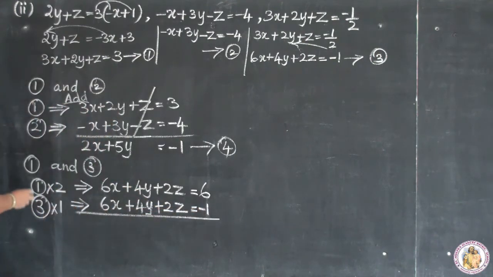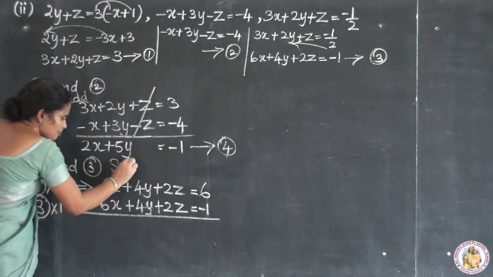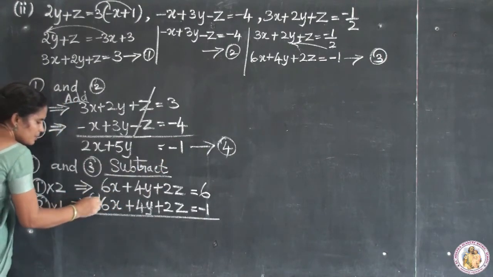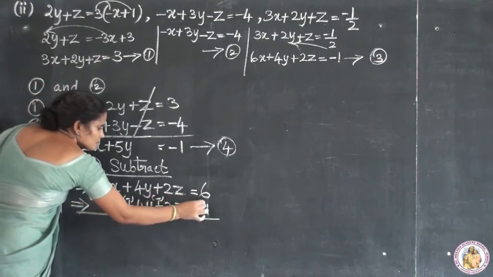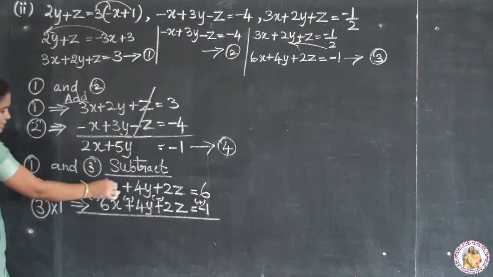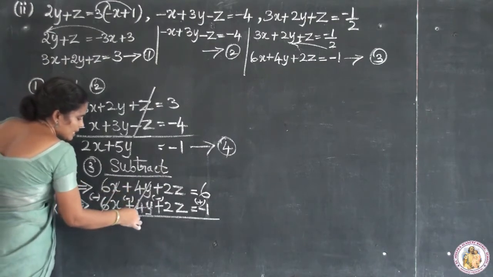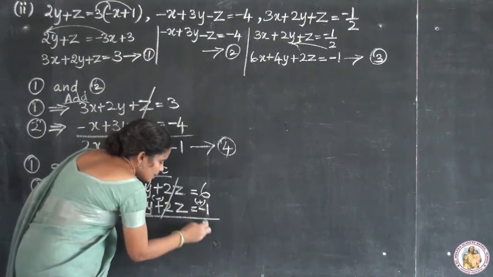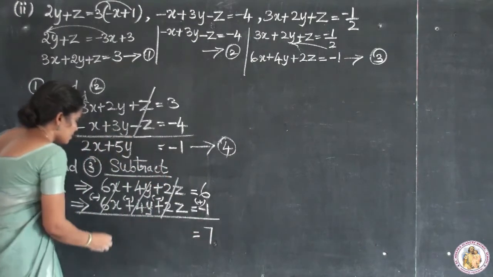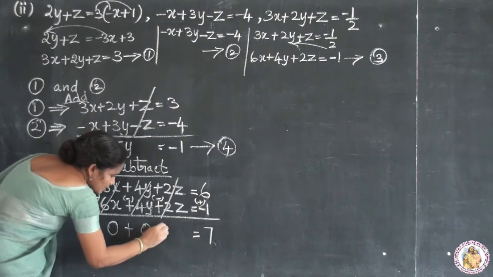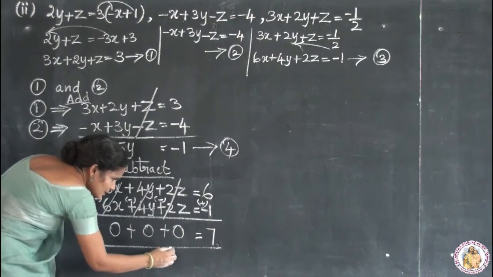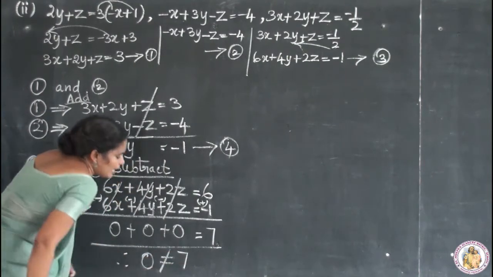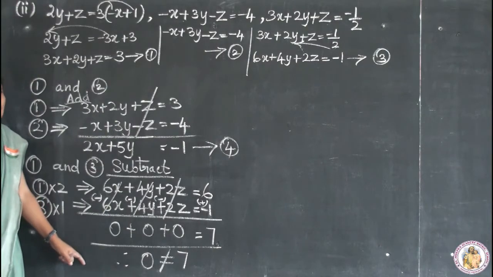Let us subtract the first and third equation. So use subtraction. Subtract, change the symbol. Okay, plus 6 minus 6 cancel, plus 4 minus 4 cancel, plus 2z minus 2z cancel. Here we have the same sign, that is plus 7. Provided variables, it is 0. So therefore 0 is not equal to 7 and inconsistently it has no solution.